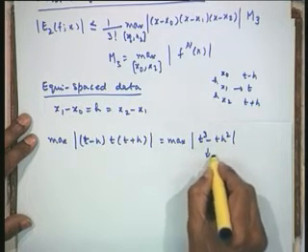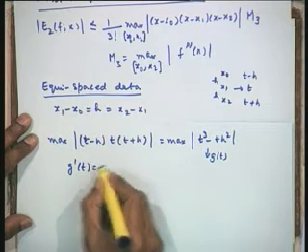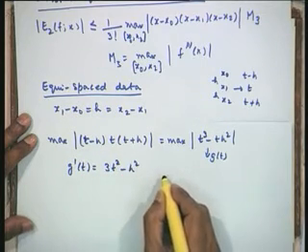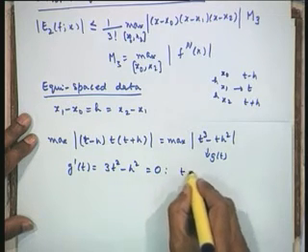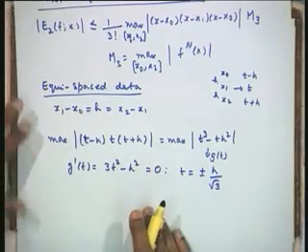Let us call this g of t, so that I can find the derivative g dash of t, that is 3t squared minus h squared. I set this to 0, therefore t is equal to plus or minus h upon root 3.